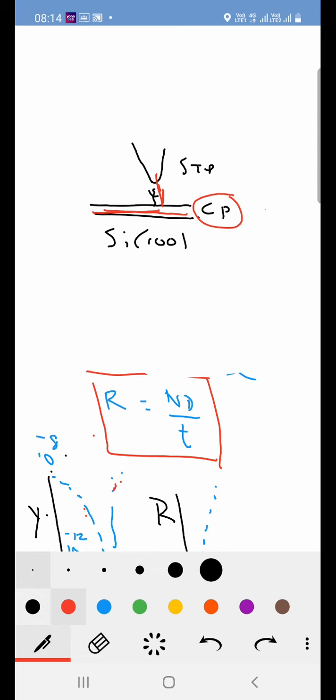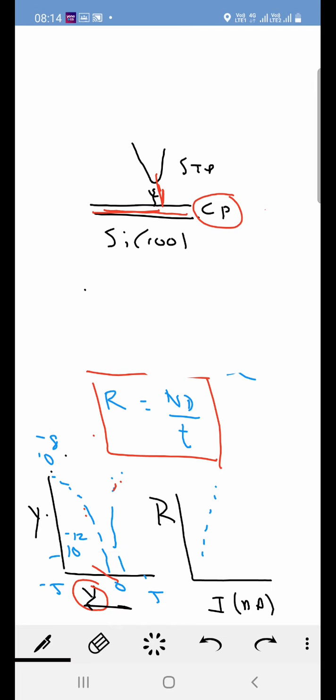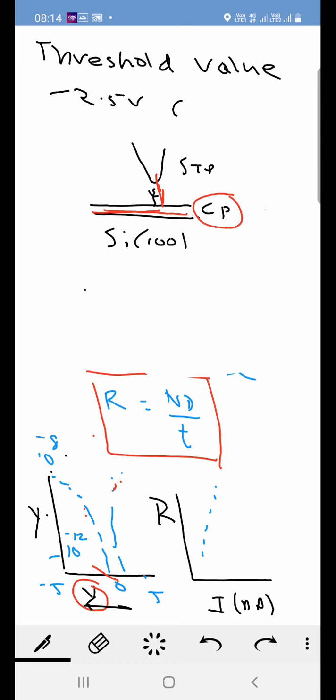So if you look at the threshold value, it is minus 2.5 volts in the negative bias, and that is 3.5 volts in the positive bias.